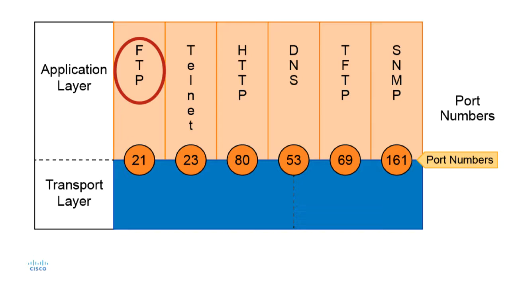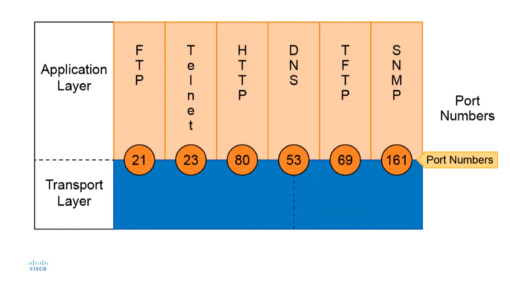For example, FTP is assigned TCP port 21. More specifically, it's assigned both TCP and UDP port 21, but the application itself makes use of TCP as its transport layer protocol. The same is true with Telnet and HTTP. They are both assigned port 23, and as an application they make use of TCP as their transport.